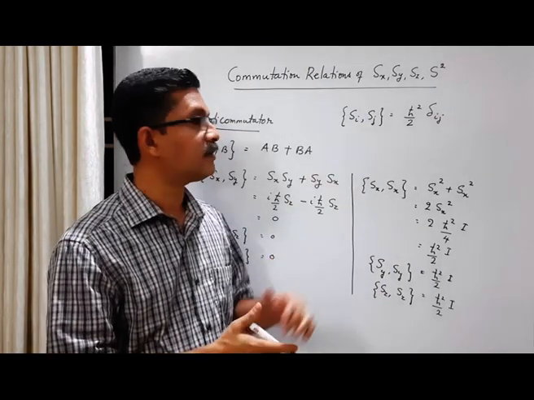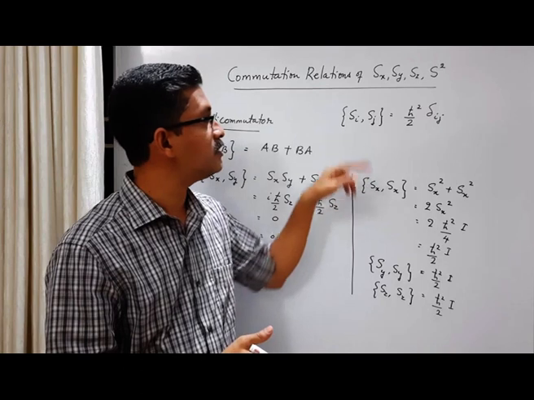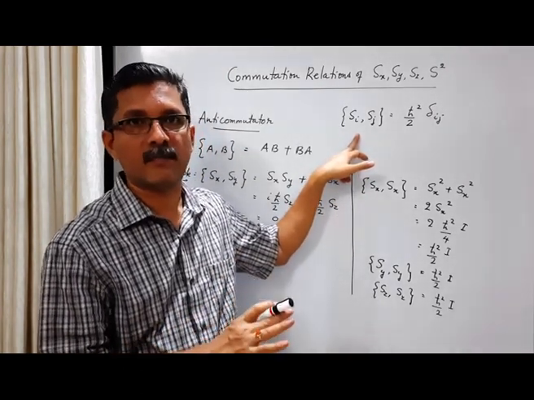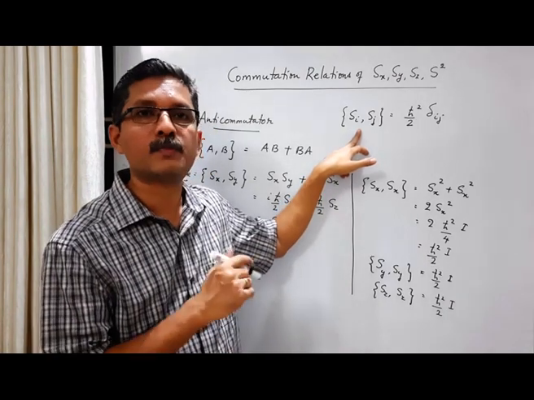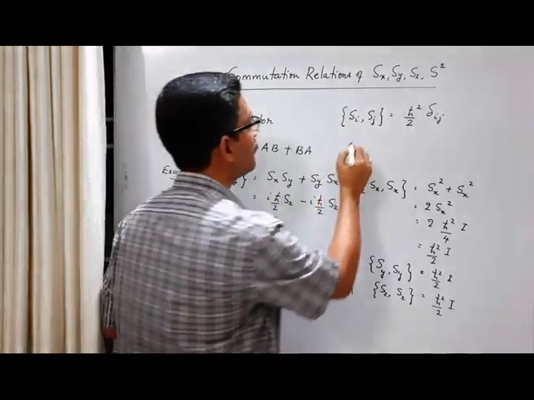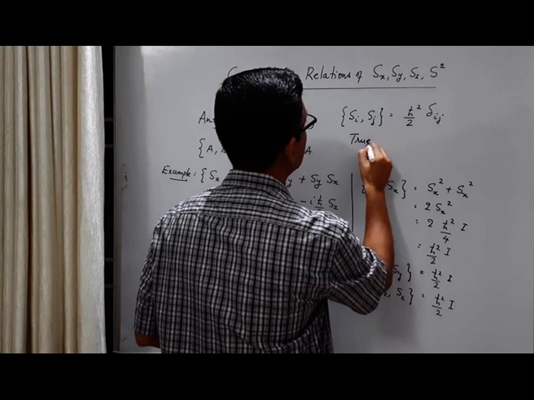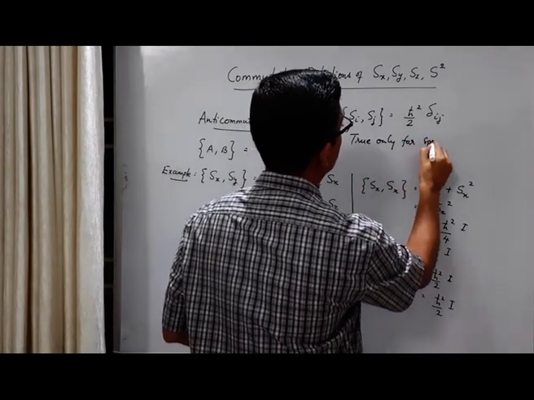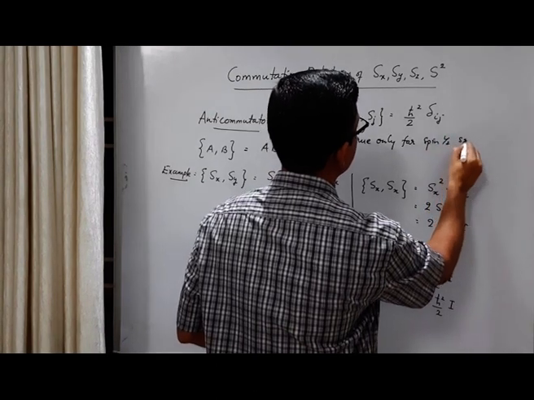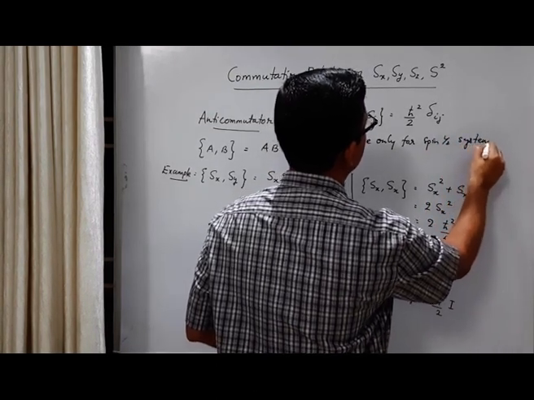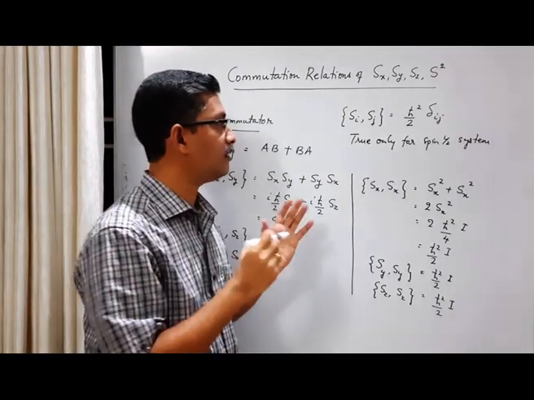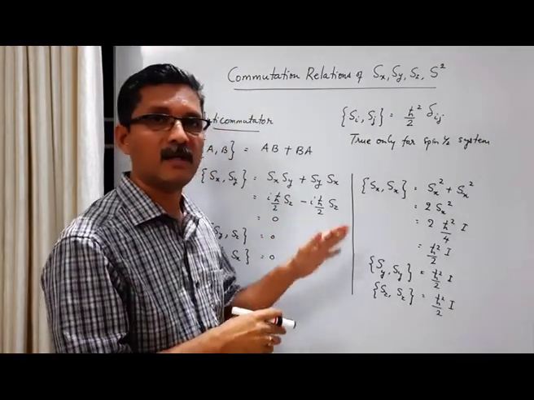But the anti-commutator relation between spin components, this is a special case, this is not general. This is true only for spin half system. So this anti-commutator relation is a special property, a characteristic property of spin half system.